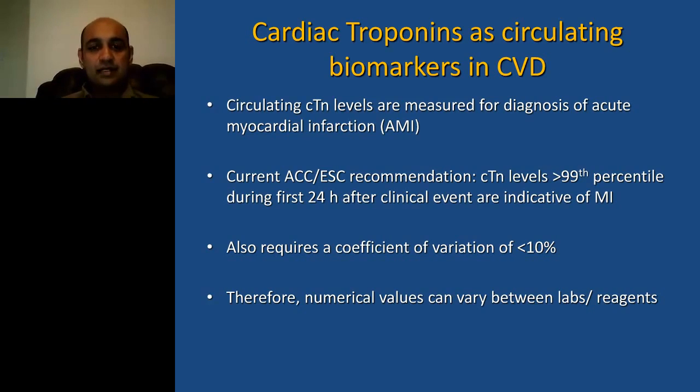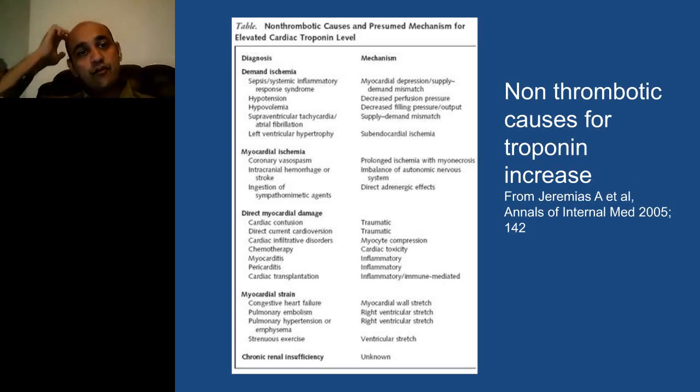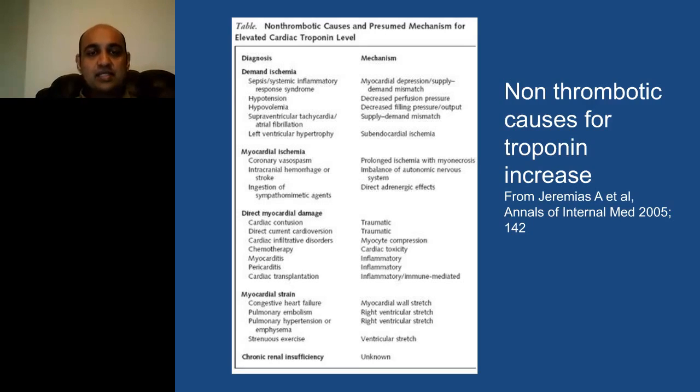Now, theoretically, we always use troponin for the diagnosis of myocardial infarction, as we discussed, but over the last decade or so, or more, people have started recognizing that troponins get released at other times too. In other words, through a non-myocardial infarction mechanism. In this slide, you see several non-thrombotic causes for the elevation of troponin.